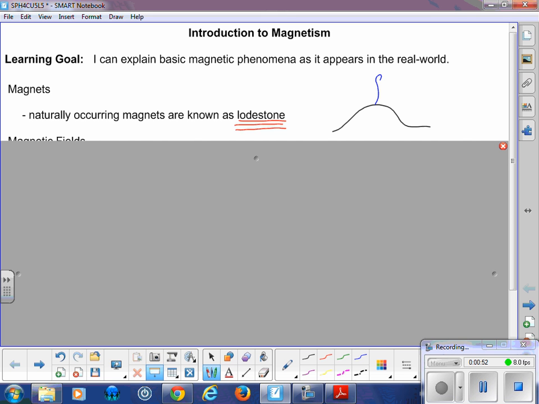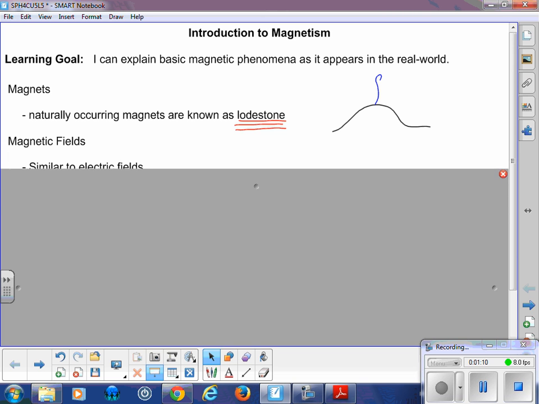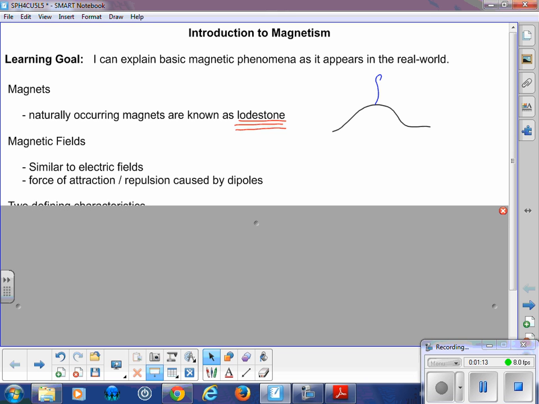When they sat all day, those crooks were made out of metal, and they were in contact with the lodestone. Those crooks became magnetic, and it's kind of the first folklore on how the lodestone was located or identified. So, kind of neat.